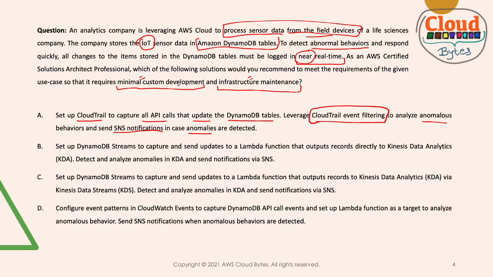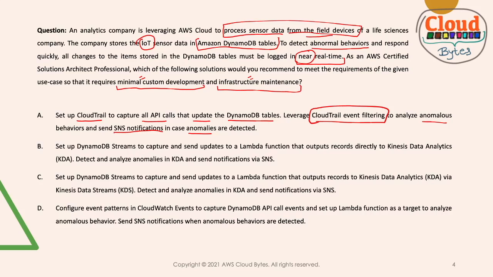So basically an API or console making any DynamoDB calls, you can capture that. If you create a trail, you can enable continuous delivery of CloudTrail events to an S3 bucket. These events will include DynamoDB and other events that are there, any kind of API calls.